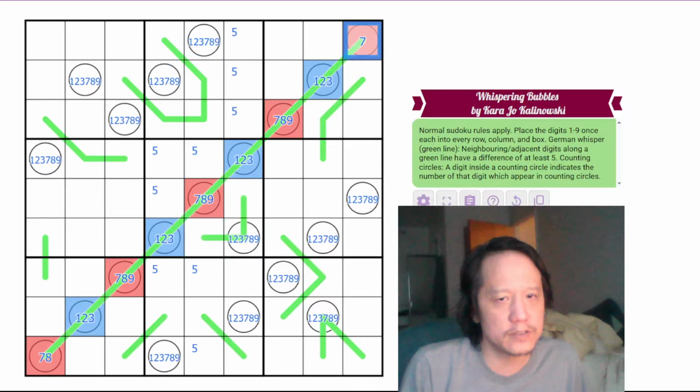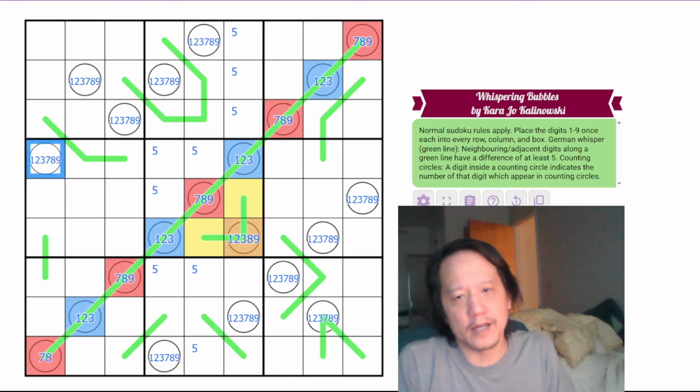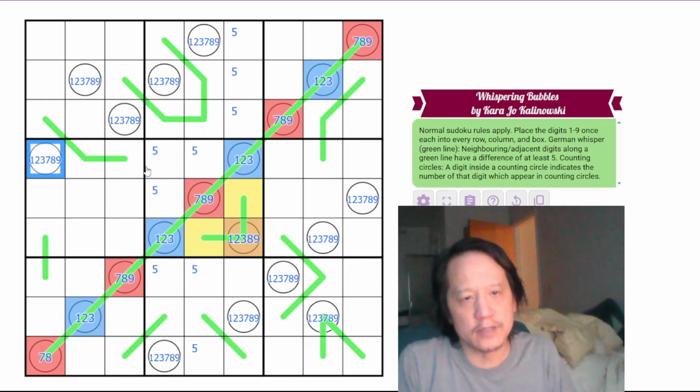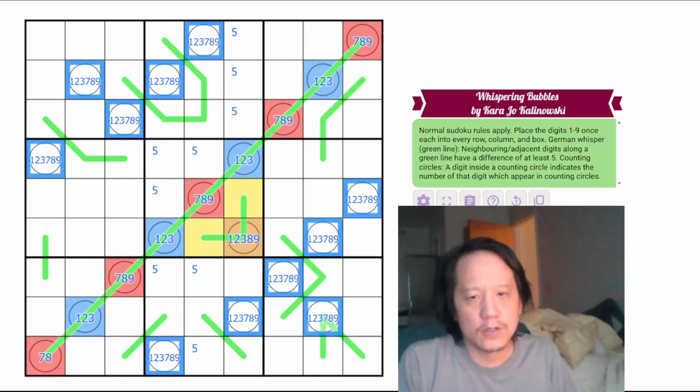Which means in box 4, where's the 9? So this is 1, 3, 8, and 9.